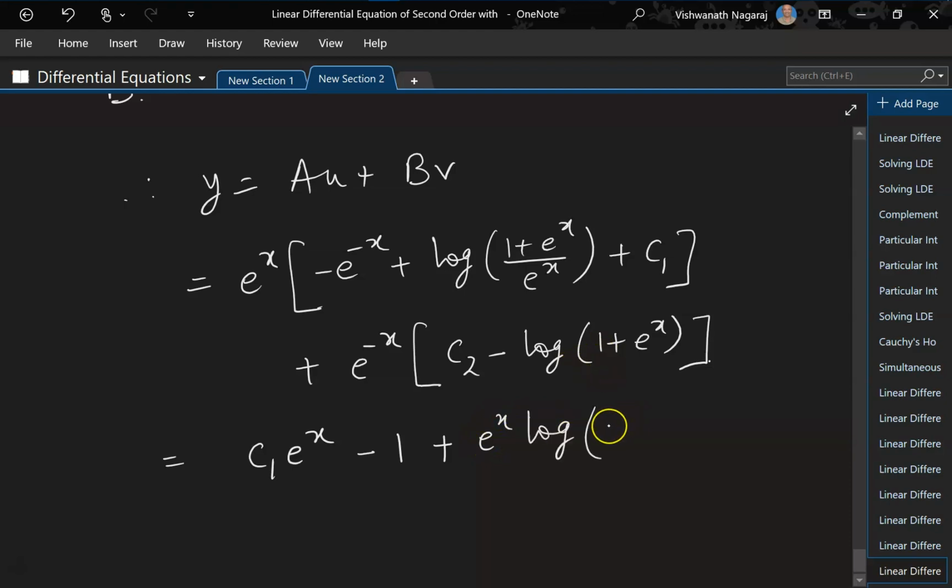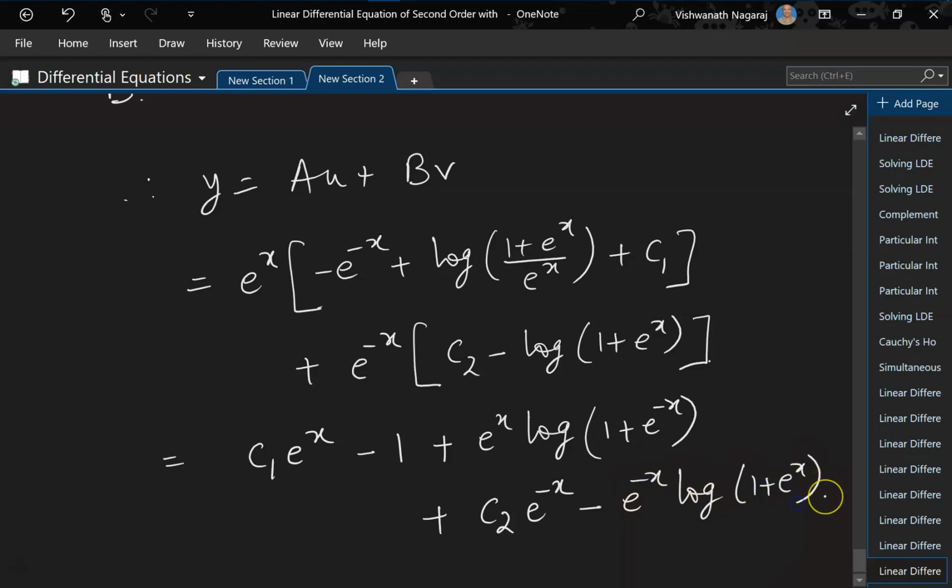Manipulate this and you will end up with 1 plus e to the power of minus x, right? And then we have plus c2 e to the power of minus x minus e to the power of minus x times log of 1 plus e to the power of x.